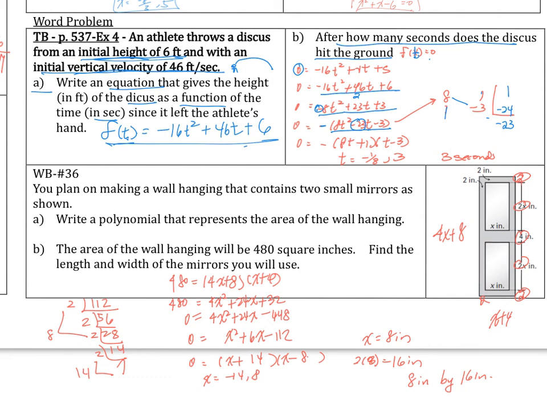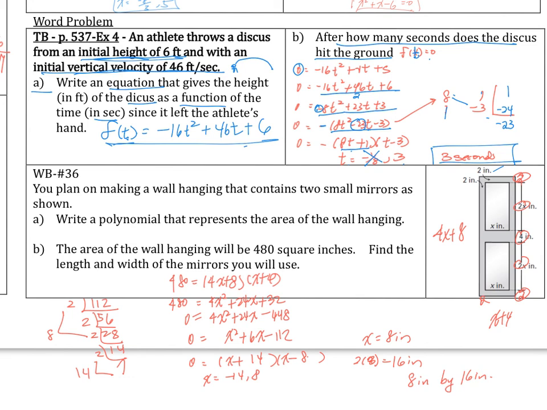So we can write 8t plus 1 times t minus 3. Then to solve using the zero product property, t would equal negative 1/8 or 3 seconds. But we cannot have a negative time, so your answer is just 3 seconds.